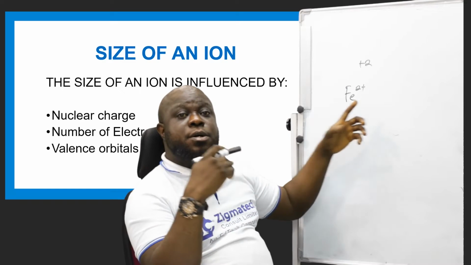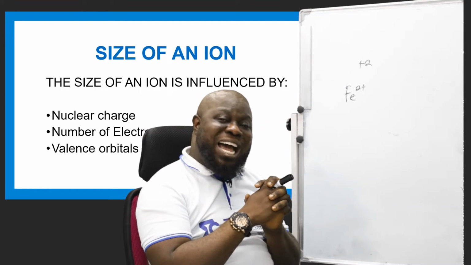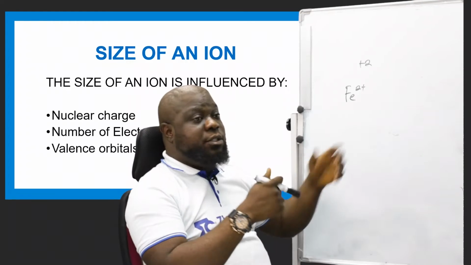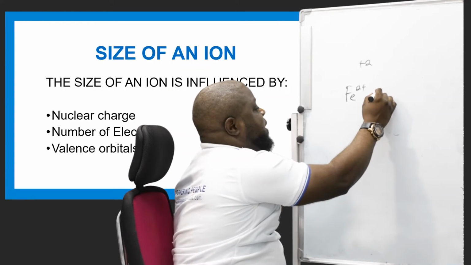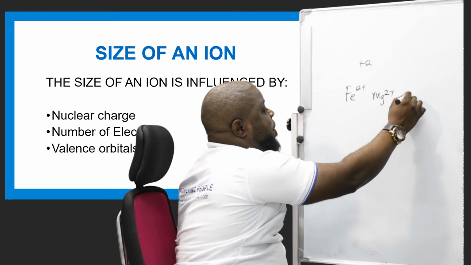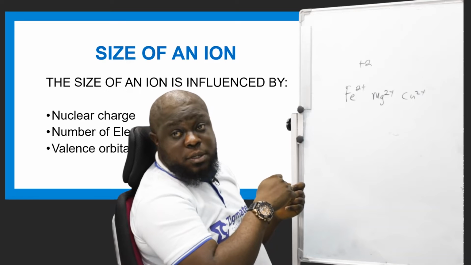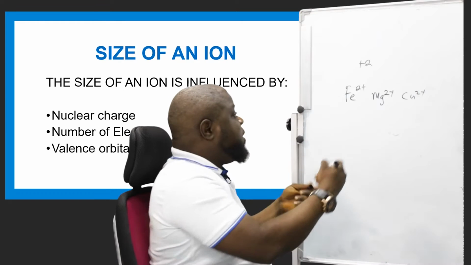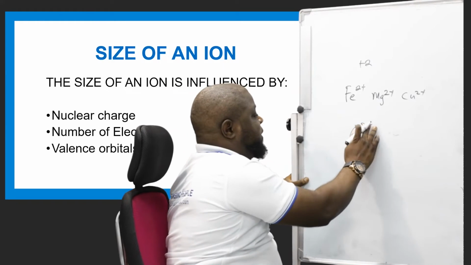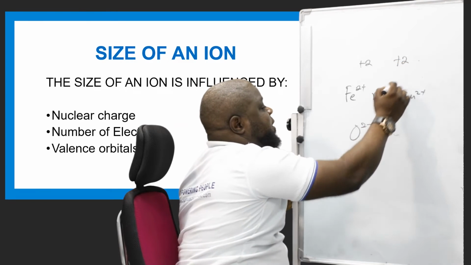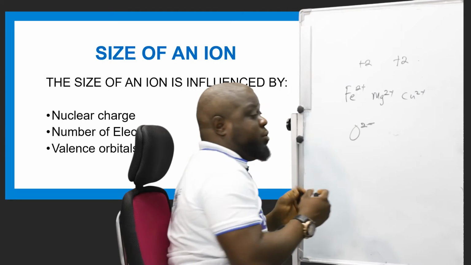If you are representing a dication with an element, this is the charge. Iron has it, magnesium has it, copper has it. Now, for the dianion, oxygen has it. You do not write it like this. It is written like this, like I told you.